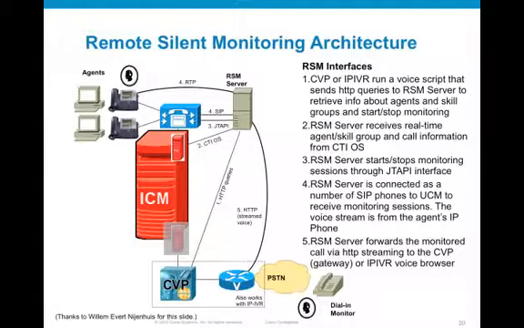With CM-based silent monitoring, RSM is able to receive the agent and customer stream from the built-in bridge of the agent IP phone, and then pass this stream to the IPRVR via HTTP streamed voice, and then the IPRVR or the VRU system passes this stream to the monitor or the supervisor via normal RTP. This is how RSM works for enabling the supervisor to monitor the agents from anywhere.